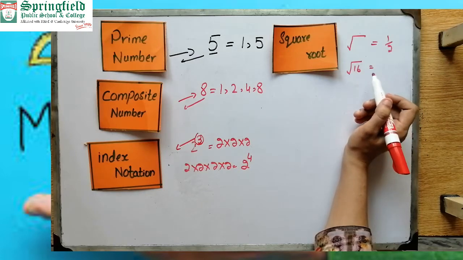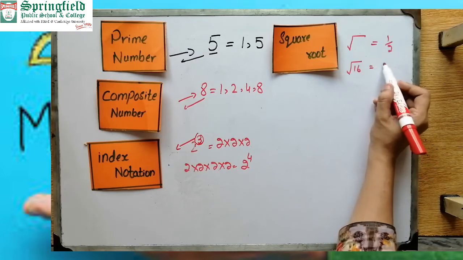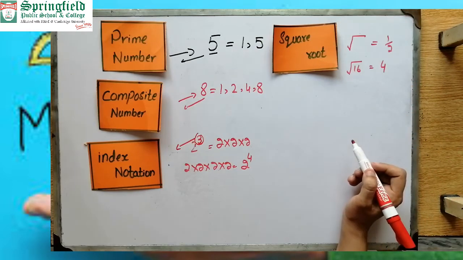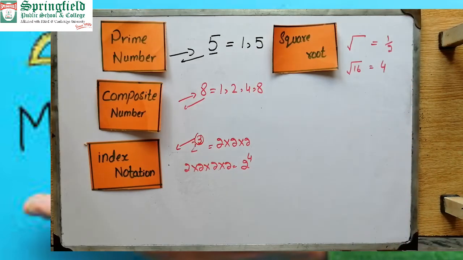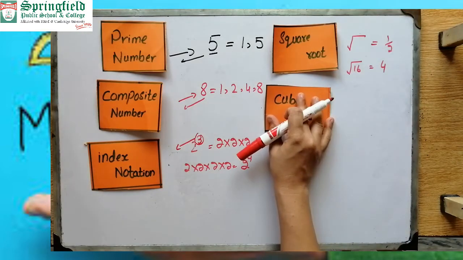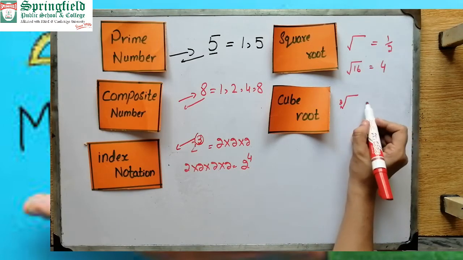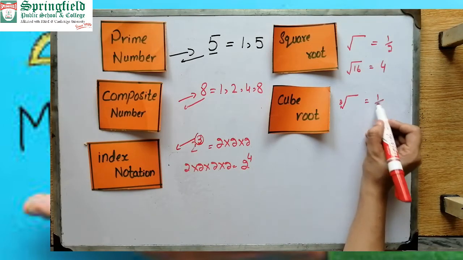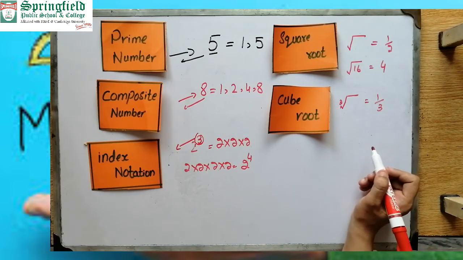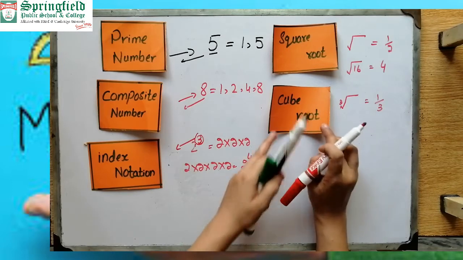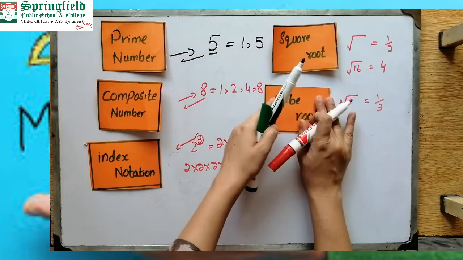Then we find the final square. So 4 is the square root of 16. Understood beta? Okay, cube root. This is the symbol and the value of cube root is 1 by 3. We can find the cube root by using the prime factorization method. Fine.